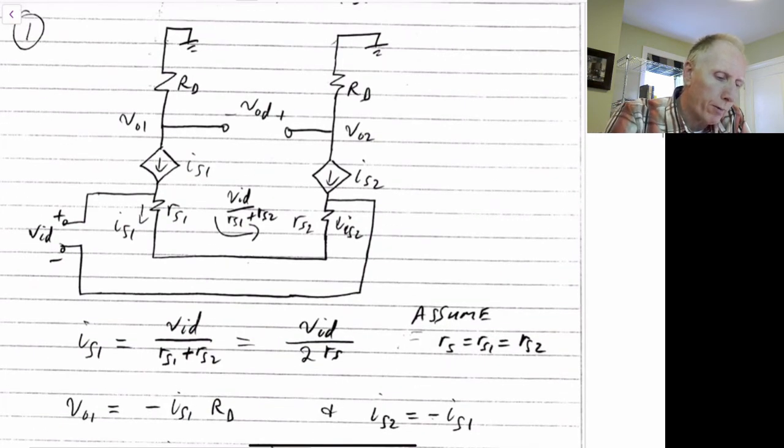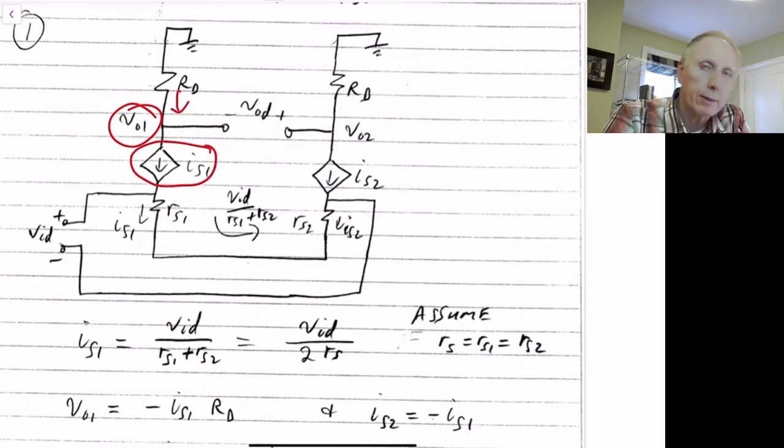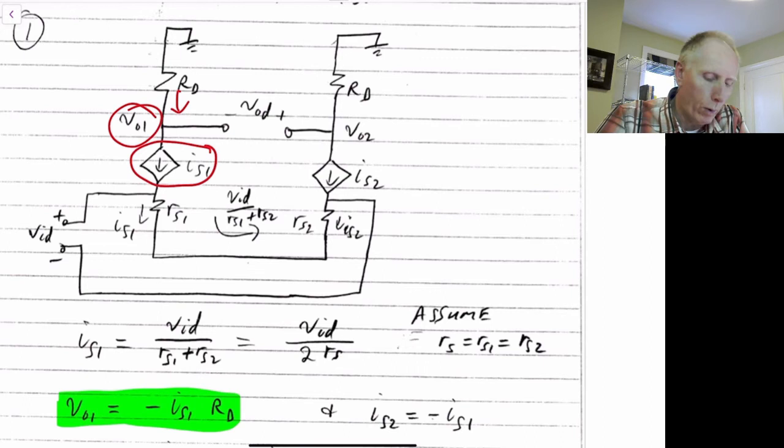Now we can look at the output voltage here, VO1, and we can see that that's going to be just this current, IS1, times this resistance. So we have this result here for VO1.